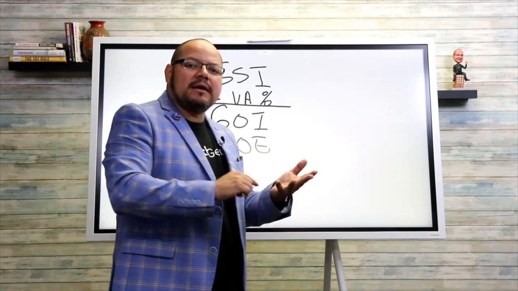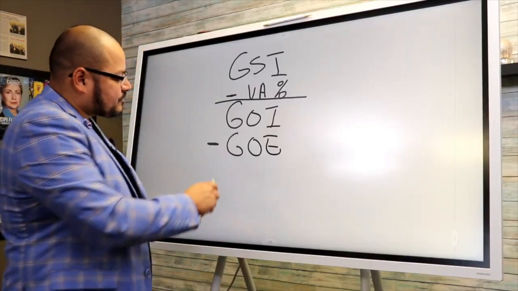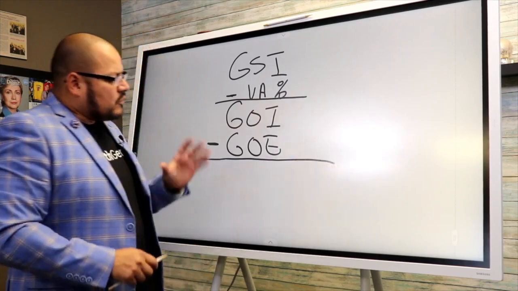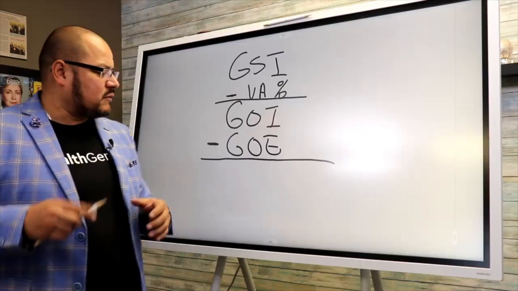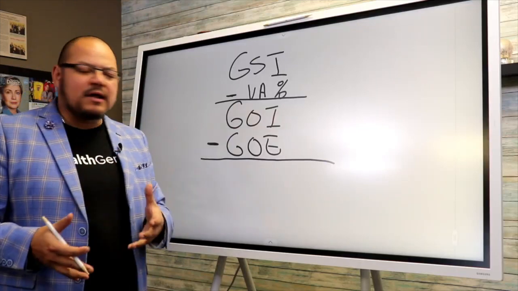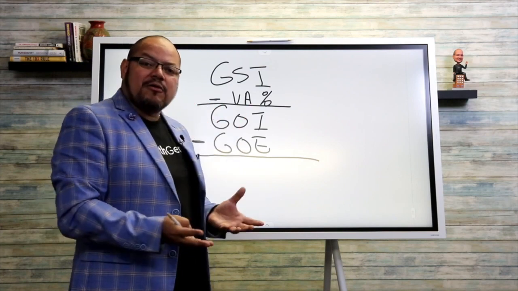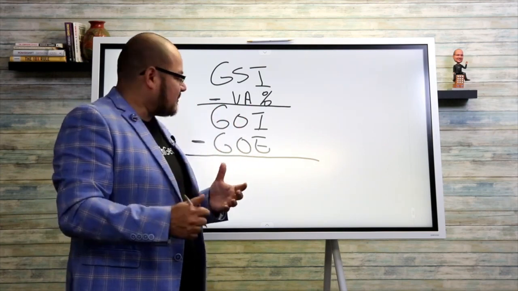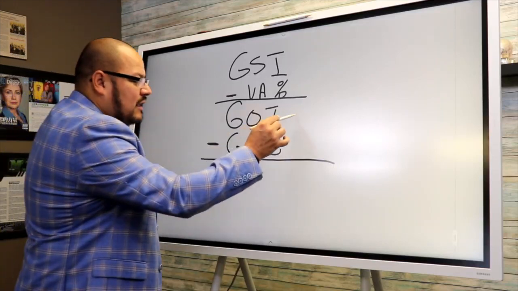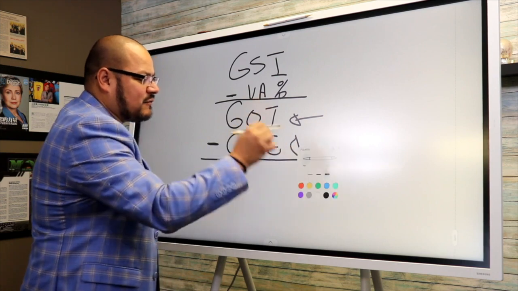So repairs and maintenance, property management, insurance, taxes, these are all going to go into your gross operating expenses. You want to make sure that you are underwriting your property correctly, because at the end, you don't want any surprises.